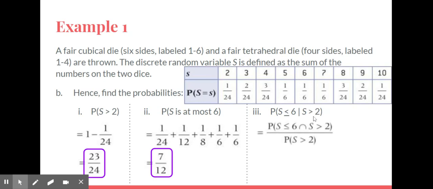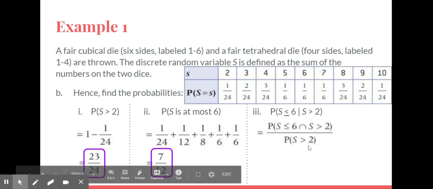So in this specific case, we're looking at the probability that the sum is less than or equal to 6 and greater than 2. So we're looking at these 4 values, divided by the probability that the sum is just greater than 2, which, great, because we already have that over here.